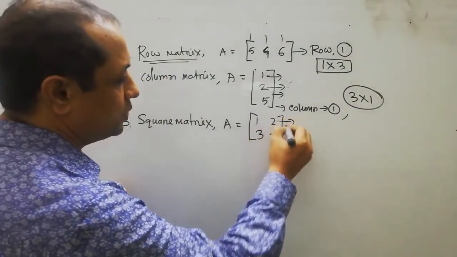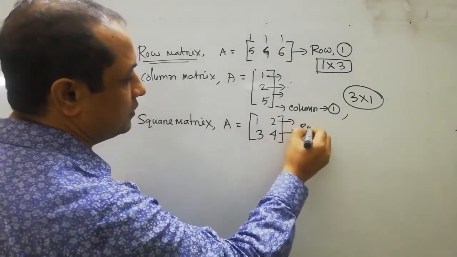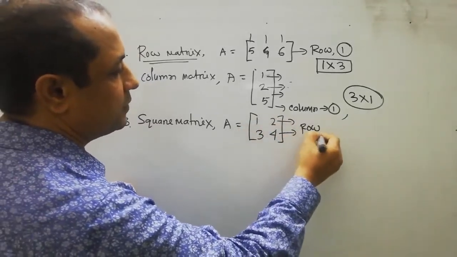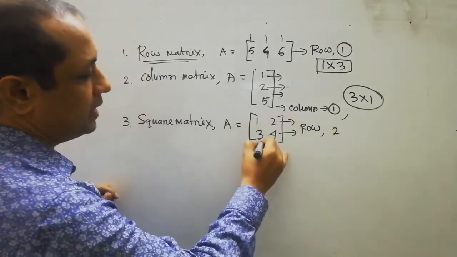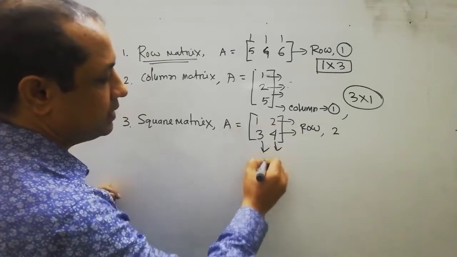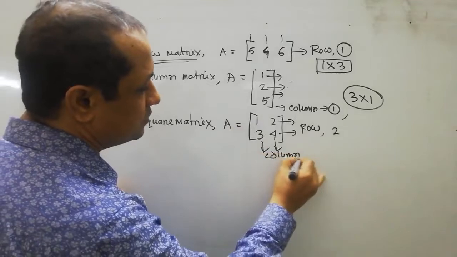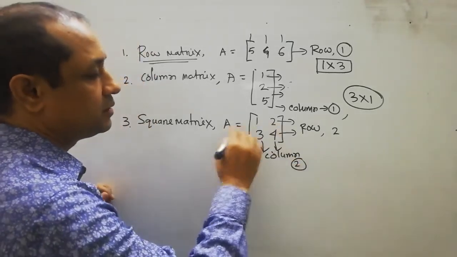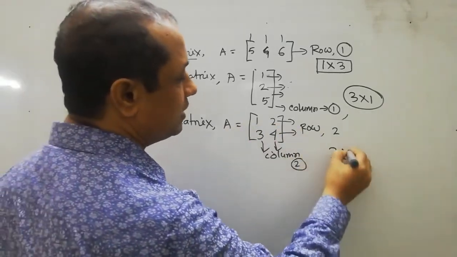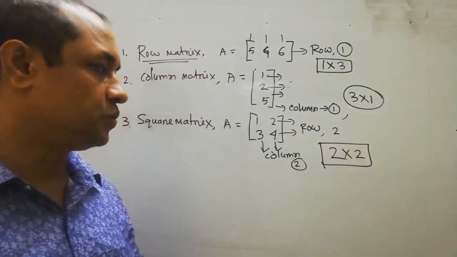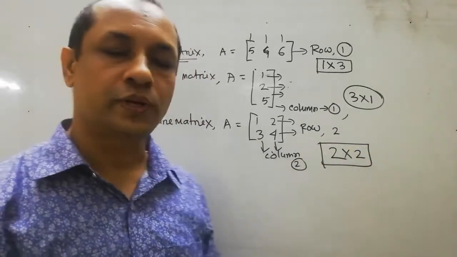Here, the number of rows: horizontal lines, 2 horizontal lines, so the number of rows is 2, and the number of columns, vertical lines, is 2. So here the number of columns is 2 and the number of rows is 2, so it is called a square matrix.